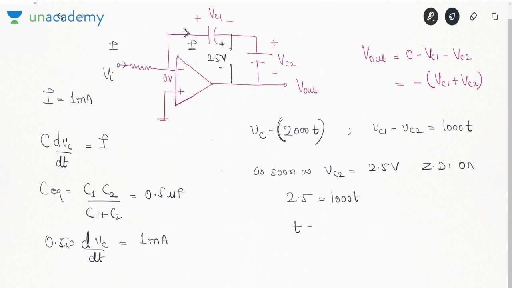It becomes 2.5 at 2.5 millisecond. So what happens after 2.5 millisecond? The Zener diode goes into the breakdown region. When a Zener diode is in the breakdown region, you can replace it with a battery.